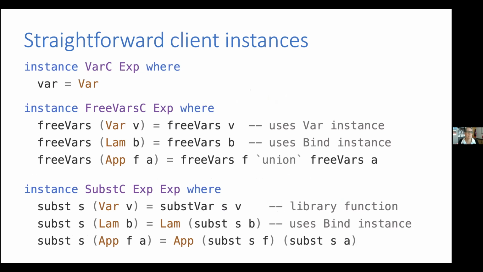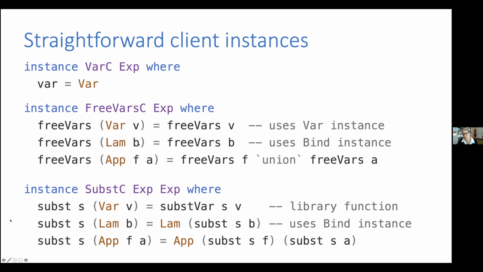And then from the implementation side, the client needs to provide these definitions, but the definitions are dirt simple, right? The client is just a traversal over the expression type, right? So for free variables, it's very straightforward, including the free variables of the binder in the lambda, right? So if you remember, our expression definition said lambda expressions take binders.